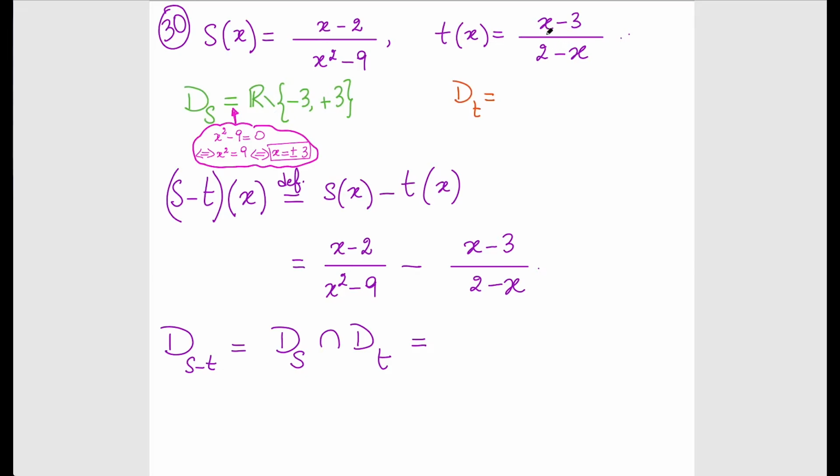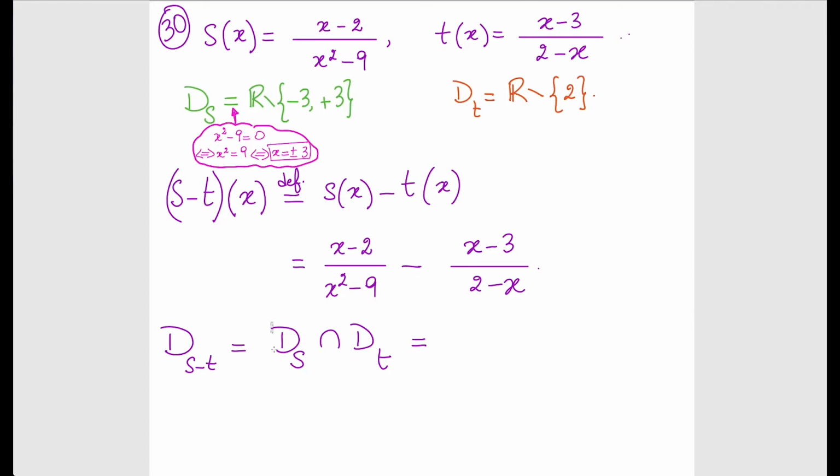For a similar reason, the denominator is also meaningful all the time. So the only thing I need to throw away from all real numbers is the number that makes 2 minus x equal to 0. That happens if and only if x is equal to 2. So all real numbers are welcome except 2 in the domain of the function T. Now we know what each one is.